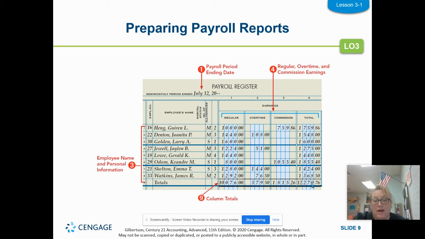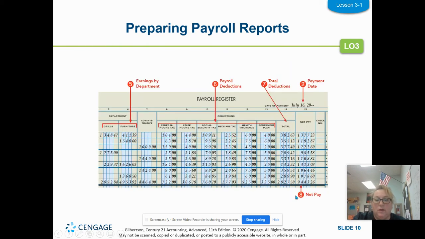That's why we have to make sure that we do the totals. The rest of it breaks up those salaries by department. These 3 columns here, departments and the administrative, are the only things different between this payroll register and the last payroll register you did.